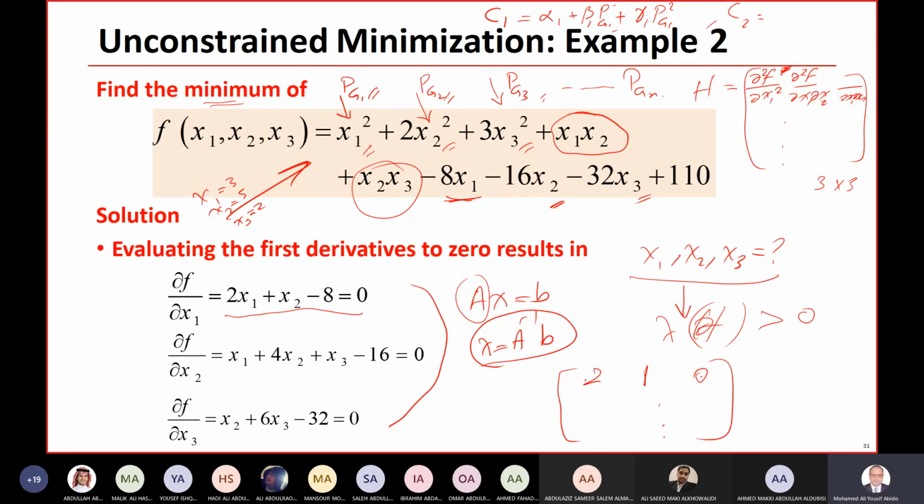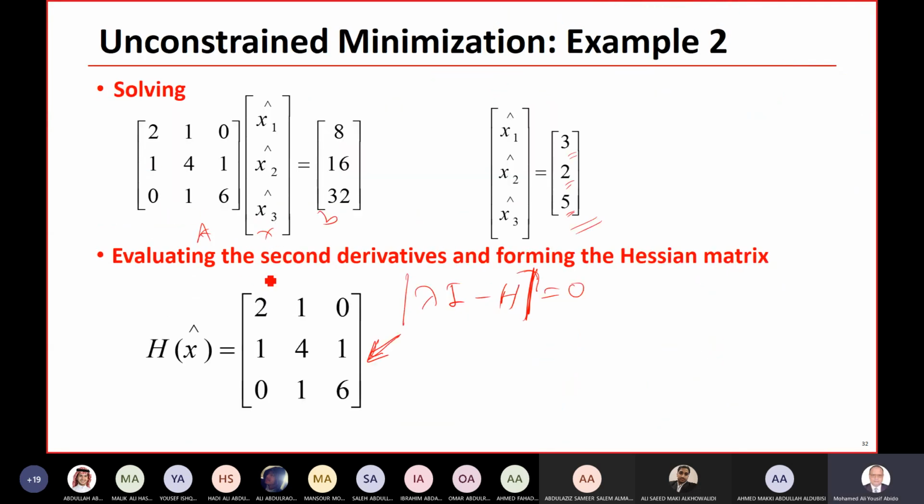When you get the second derivative, this will be x1 here, and this could be a function of x1, x2, x3. So the Hessian matrix itself will not be constant in this case. It could be a function of x.